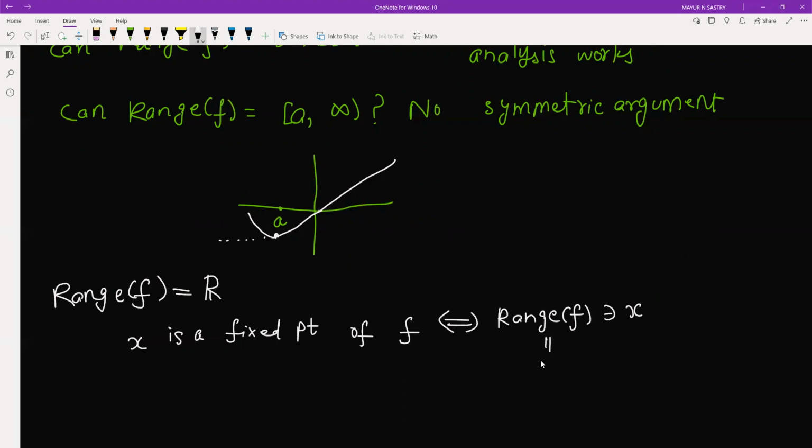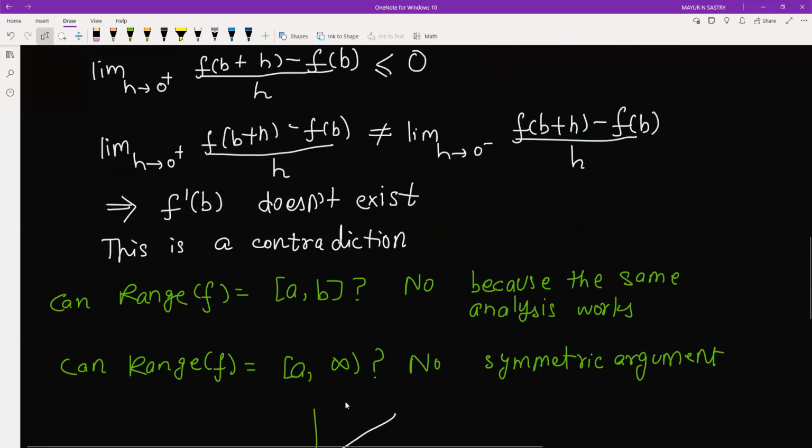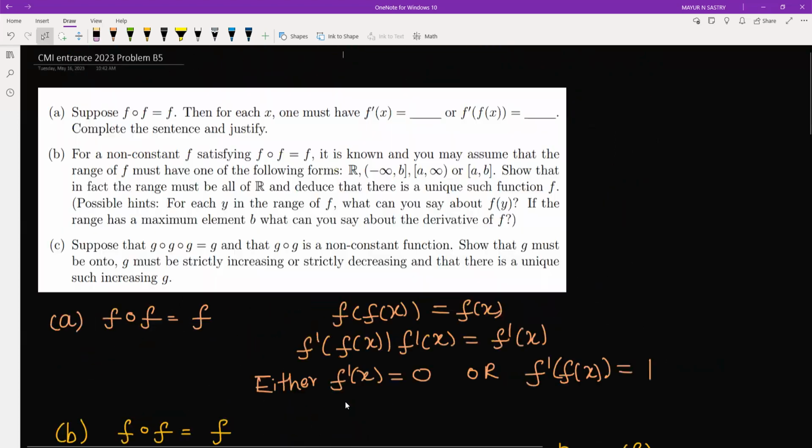But the range of f is just going to be R. So every x is a fixed point, which states that f of x is actually equal to x for every x in R. So f must be the identity function. There's no other choice. So this completes the proof of part B of this problem.